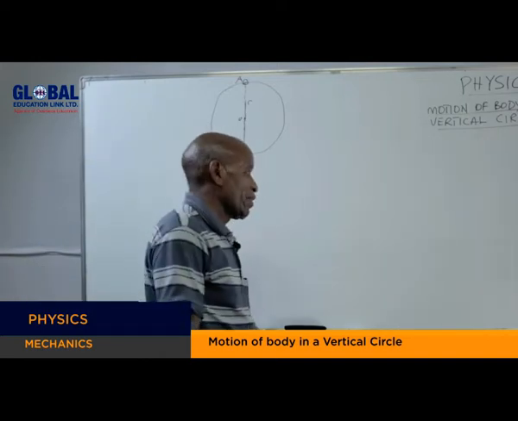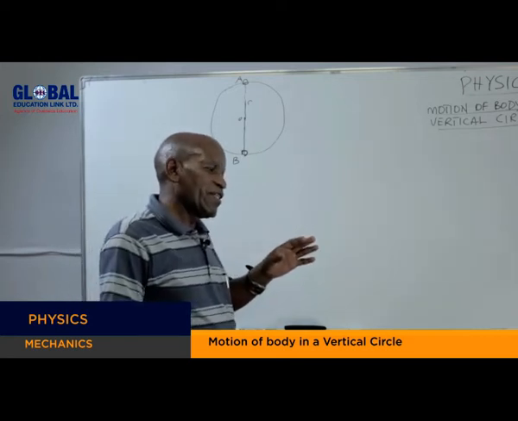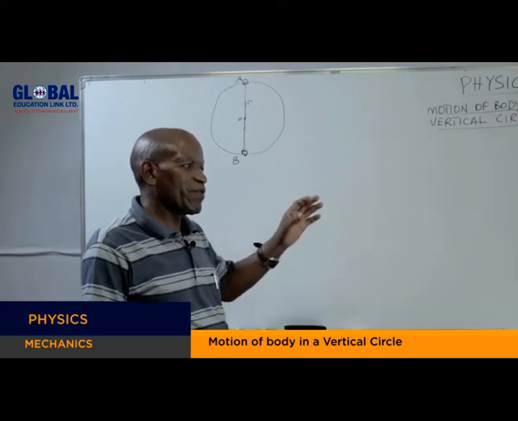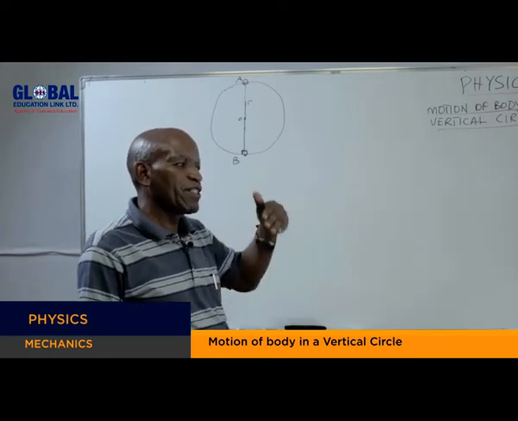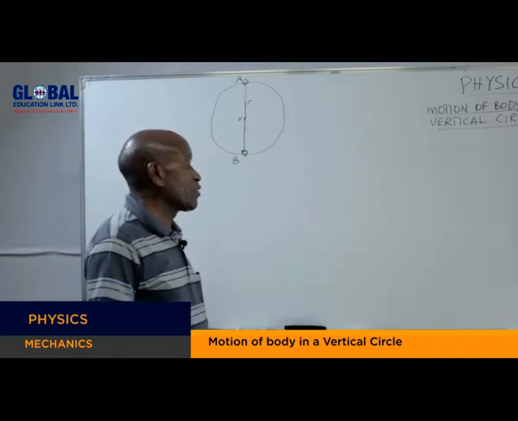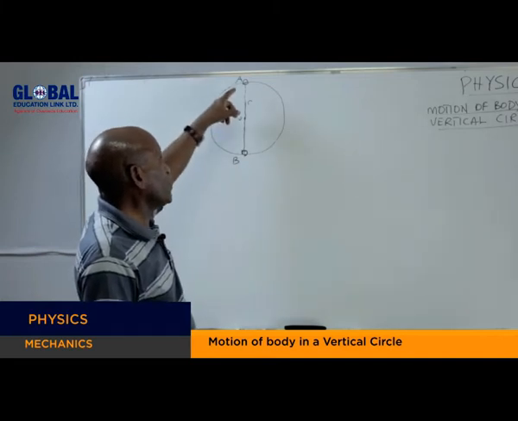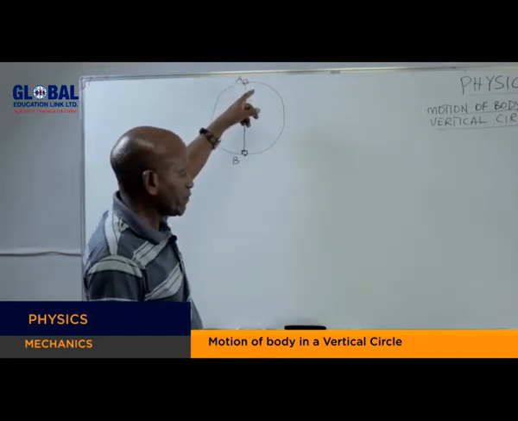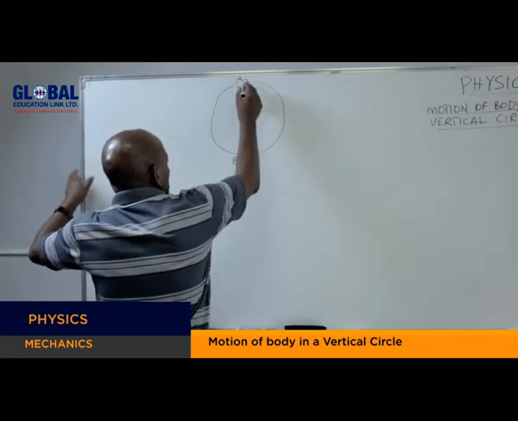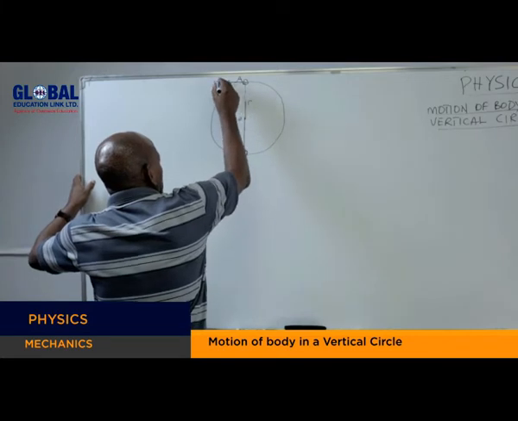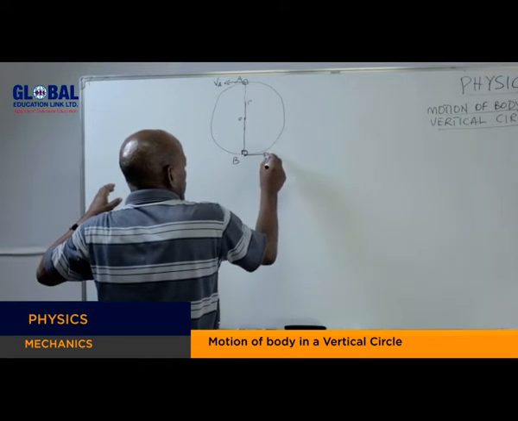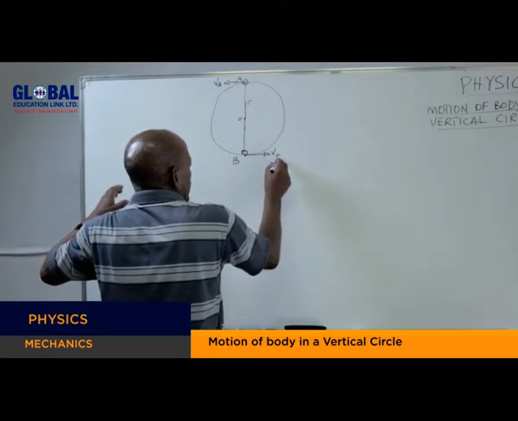To determine if the string will slack whenever the bucket passes at the highest point, we need to determine the minimum velocity of the bucket whenever it passes at the top. Let me call this VA, and the maximum velocity at the bottom, VB.